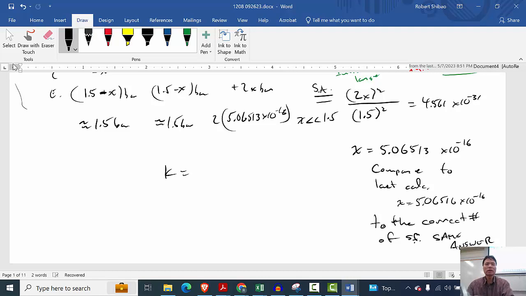And so let's double check our k. So I'll do this times 2, square that, divided by 1.5 bar squared, or 1.5 squared. And I get a k value of 4.5610 times 10 to the negative 31, which checks out. Do you see that? But the math was a lot easier.